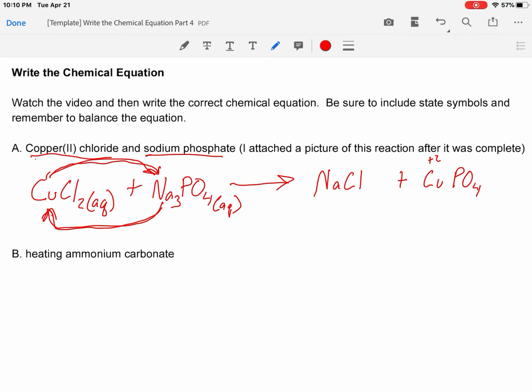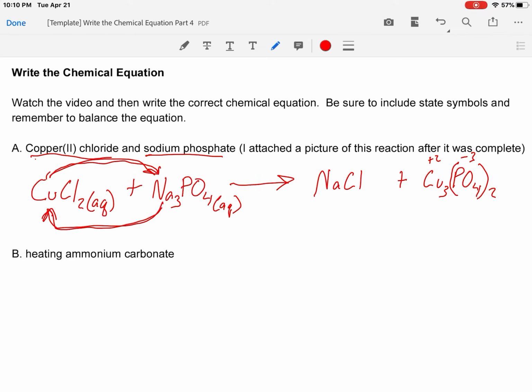Just draw it up here, +2. And the phosphate, as we said, is a -3. Well, we've got that 2-3 thing going that we find a lot of times, which means we need 3 coppers and 2 phosphates, but because it's a polyatomic ion, it has to go in parentheses like that. Okay, now for the state symbols.